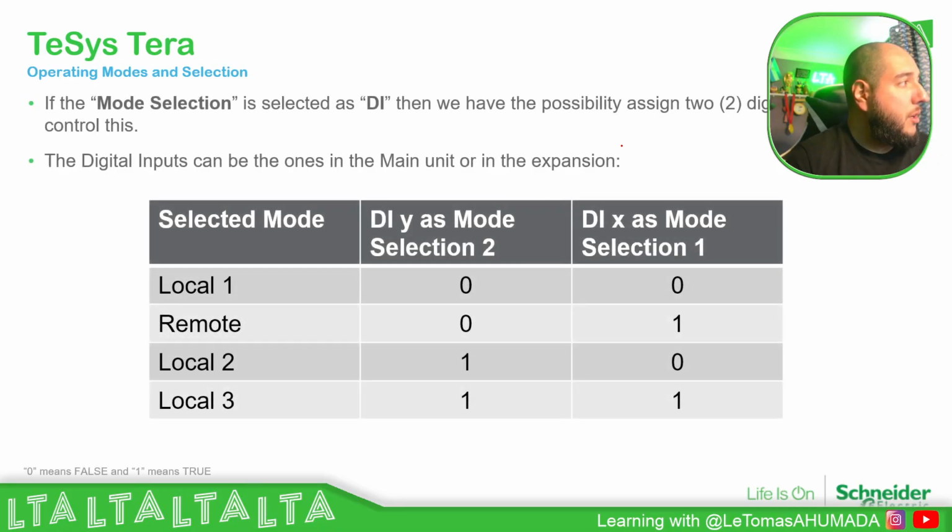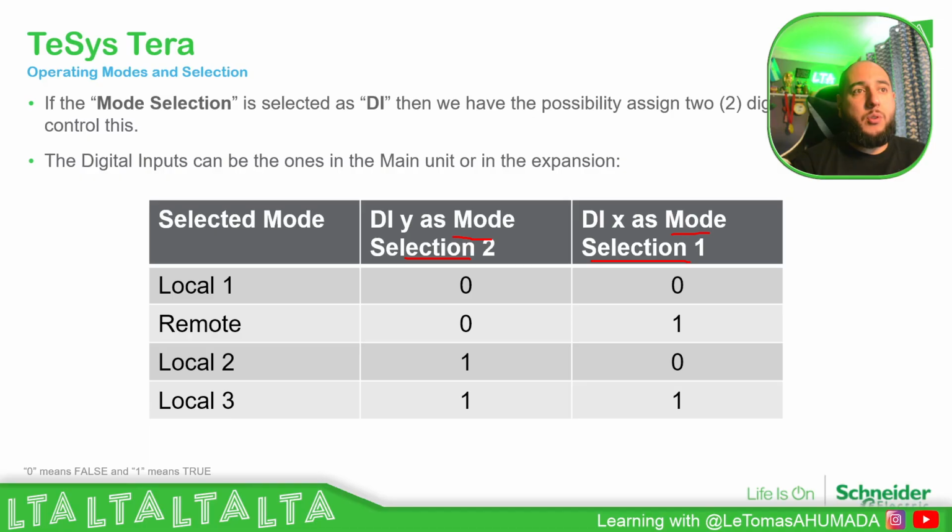When we select the DI, we need to assign one or two digital inputs to mode selection 1 and mode selection 2, and it's like a table. If both of them are false, then the source that remains is the local one.